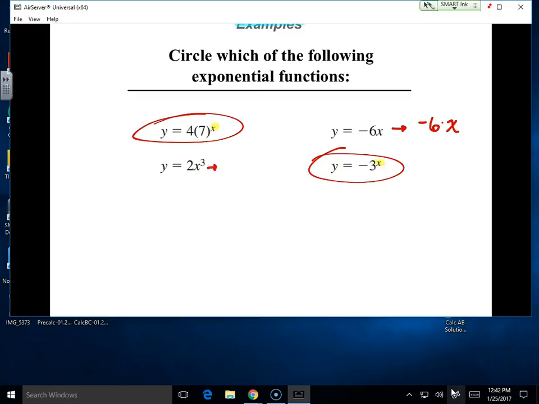Isn't this one positive 2 times x cubed? Who's in the exponent? The x? No. Who's up there? The 3. Both of these are not exponential functions. The only exponential functions are the ones where x is in the exponent. Does that make sense? Yes. Okay. Now let's keep going.